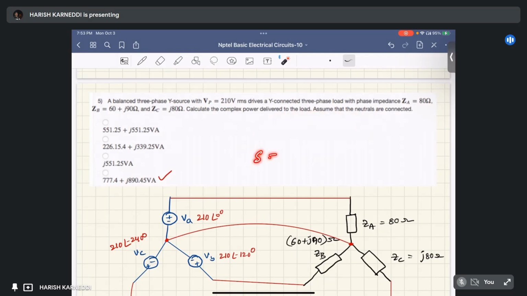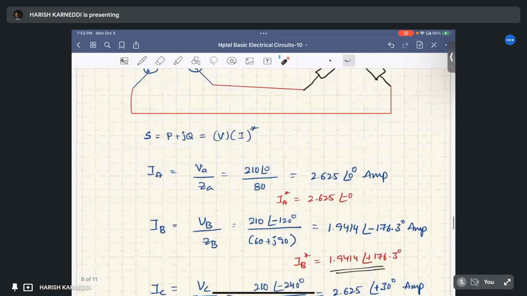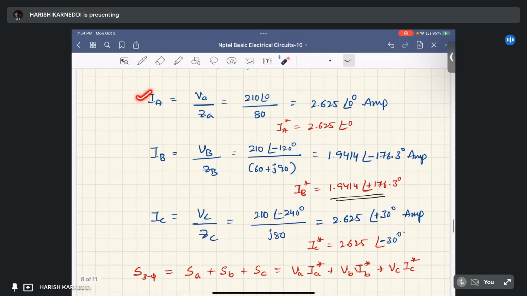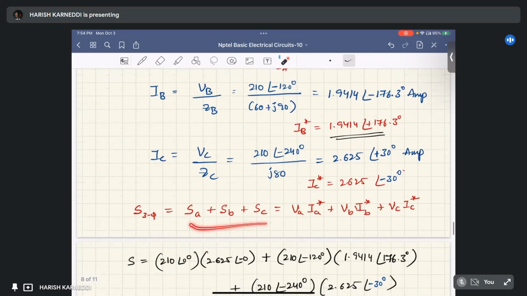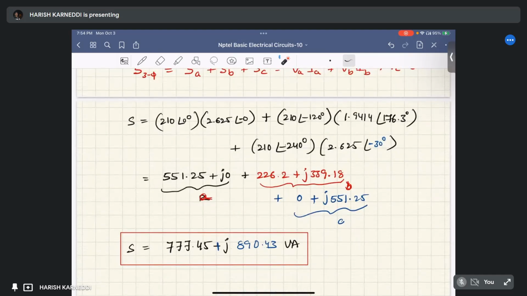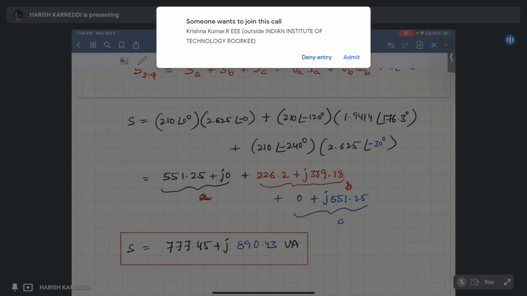The total S equals S A phase plus S B phase plus S C phase. To calculate SA, SB, SC, we need IA, IB, and IC. So we calculated IA, IB, and IC, put them in this equation, and got the total apparent power, which equals 777.45 plus j89.43.